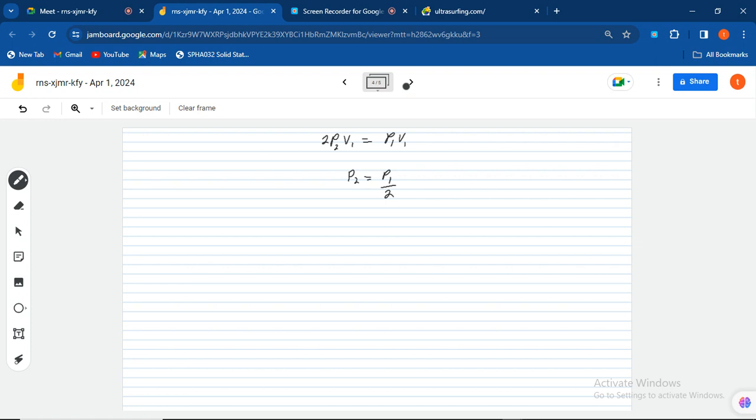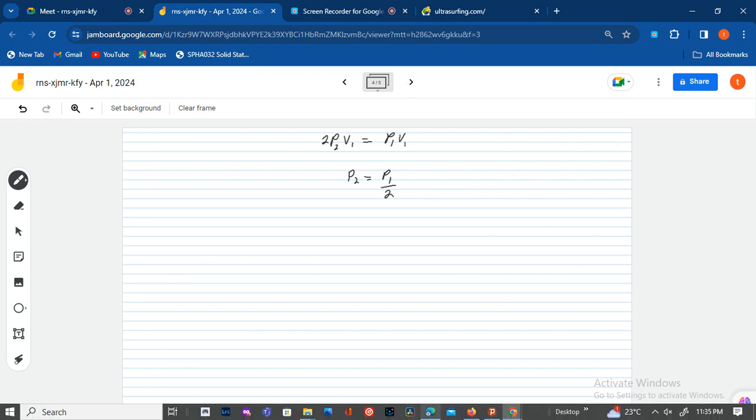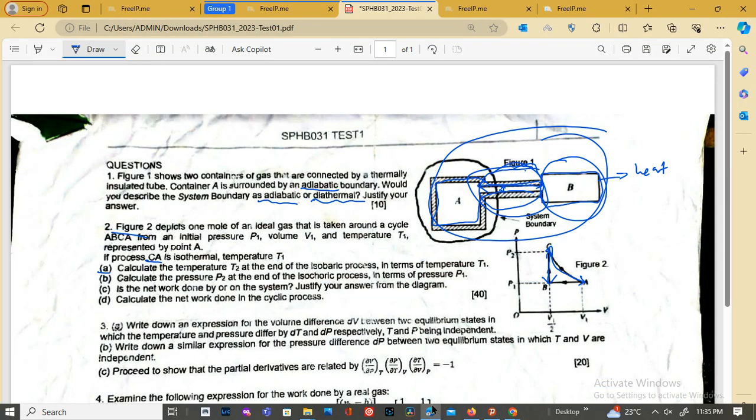And then now let's continue to the next question. Is the work done on a system or by a system? Just for your answer. What can you say about this? What happens if the work is done on a system?